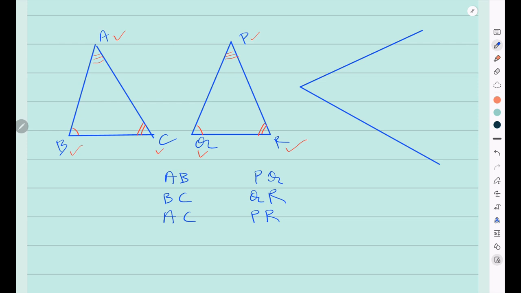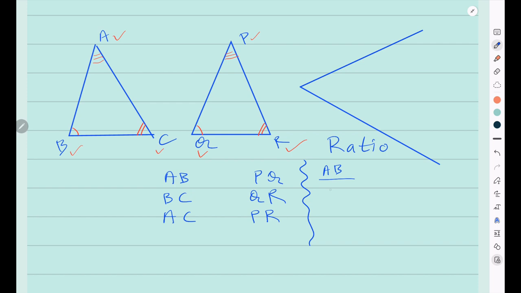Okay, so what happens in similar triangles is that the ratio of sides is the same. So what does that mean?